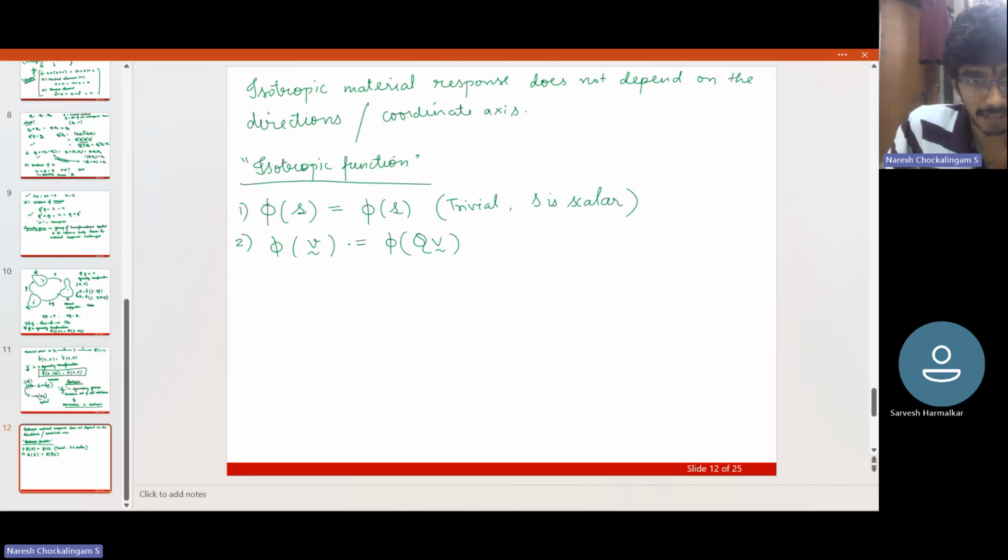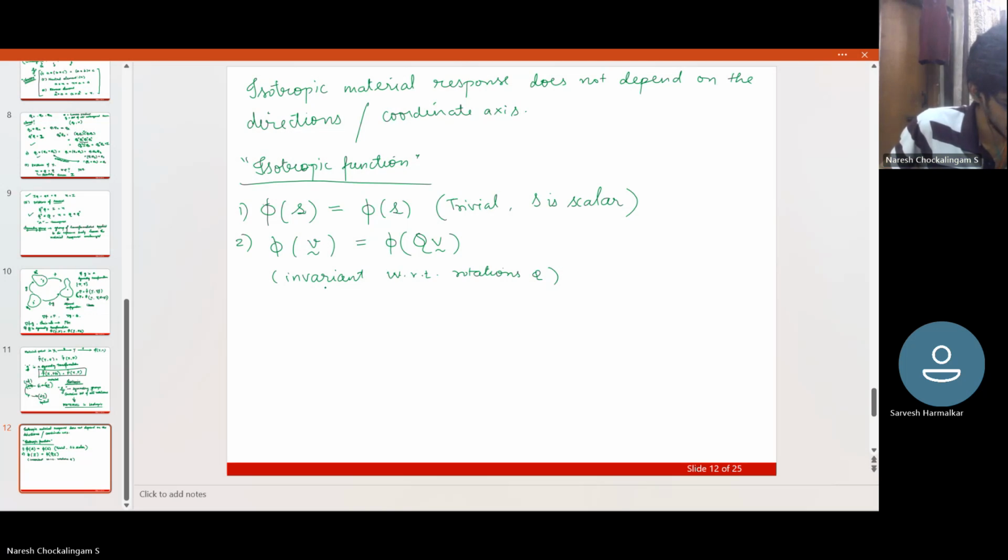So if this scalar function is invariant with respect to rotations q, then what about tensors? So how do tensors transform?